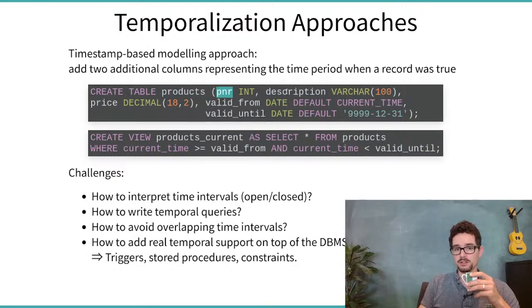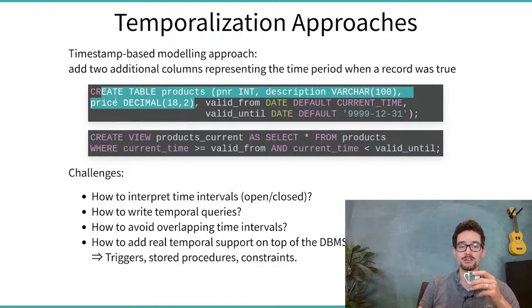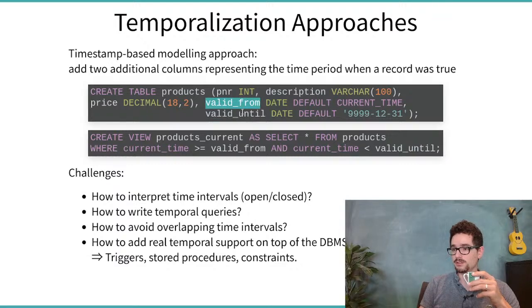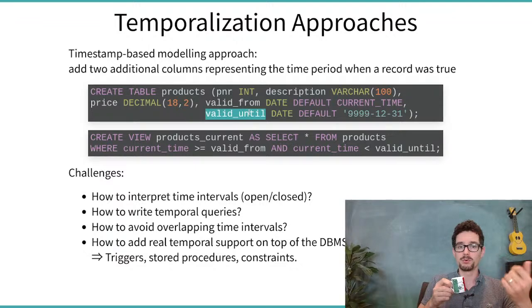A product has a product number, a description and a price. And now I add two columns, and this is a very, very popular approach. In database design, in data vault, and in many companies and enterprises you find valid from and valid until columns to make a temporalization.